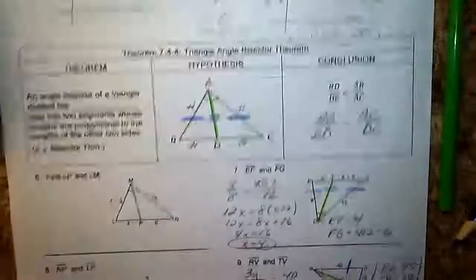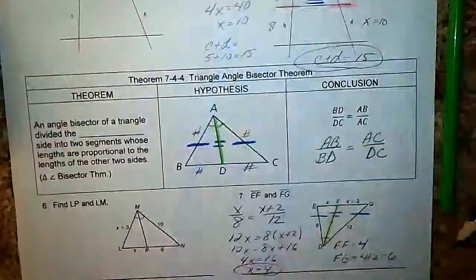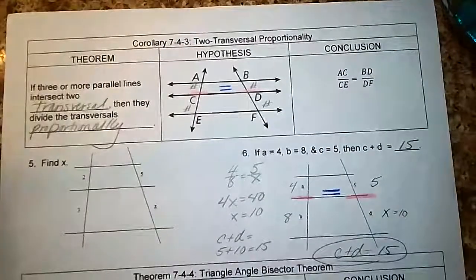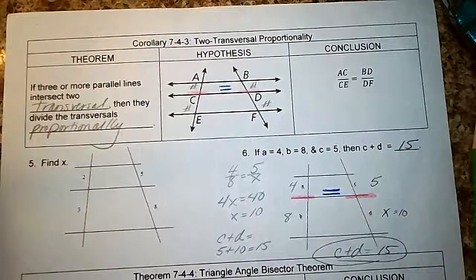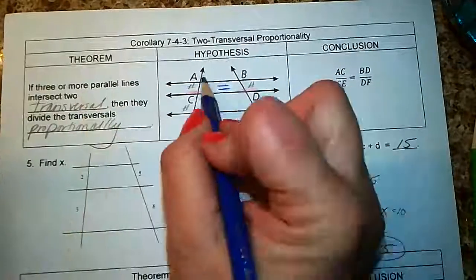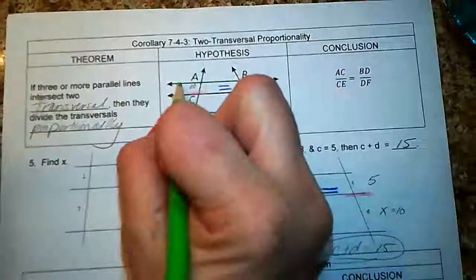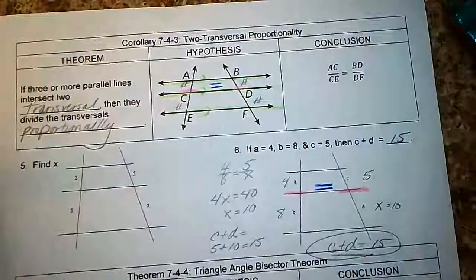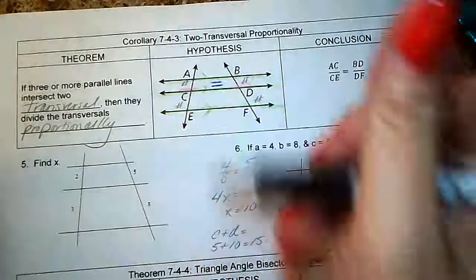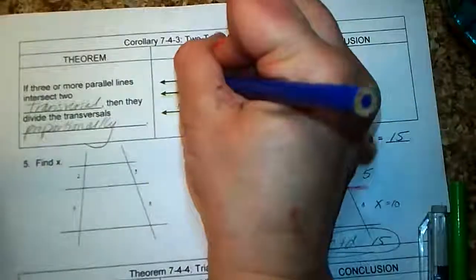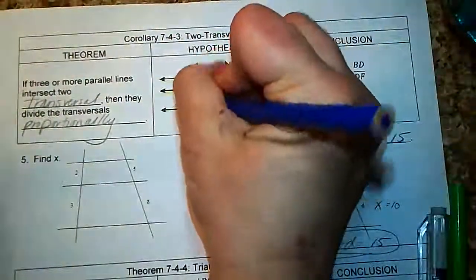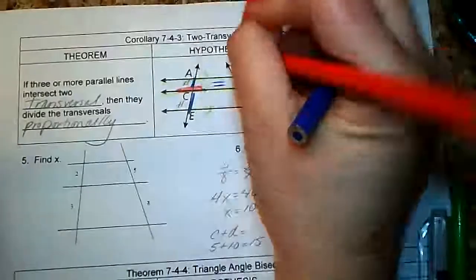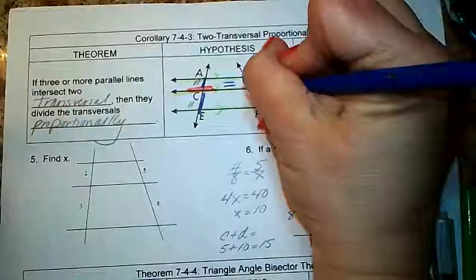All right, we got another theorem up here. This one is called the Two Transversal Proportionality. Okay, again, just as easy. It says if three or more parallel lines, so we know in this picture that this, this, and this are all parallel to each other, then the length from here to here over this one down the bottom is equal to this length here over this one over here.